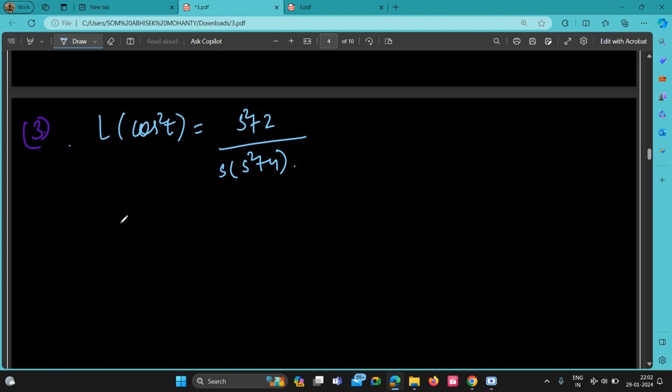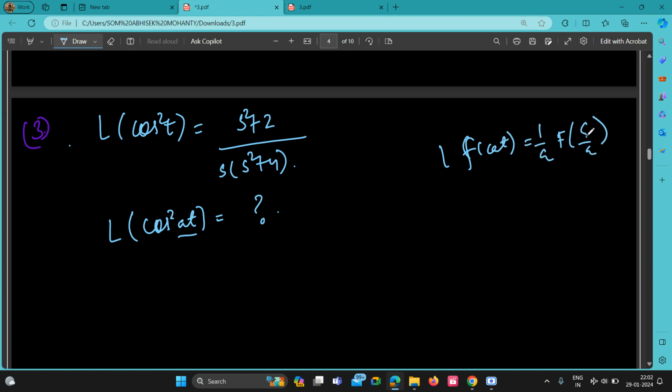So what will be the Laplace of cos square at? Okay. So if a is multiplied with t, what will you do? We'll divide s by a, right? Because L of f of at is 1 by a times F of s by a, right?